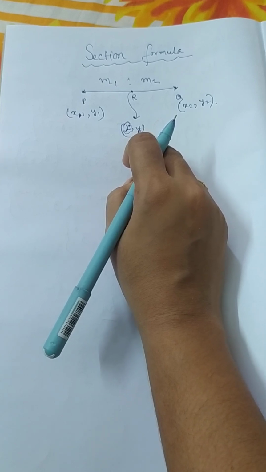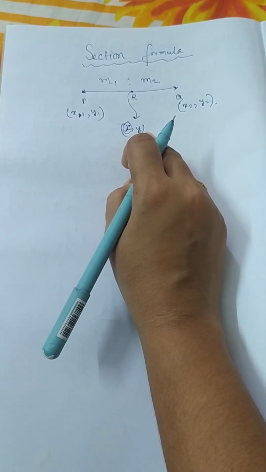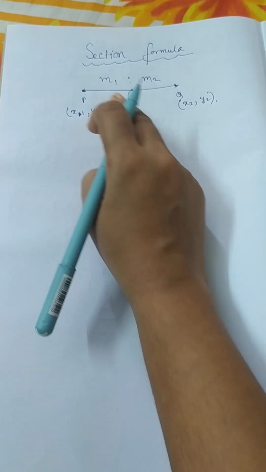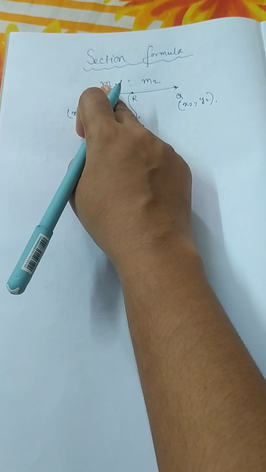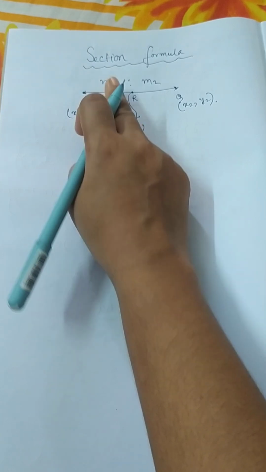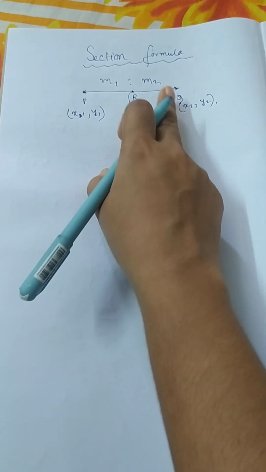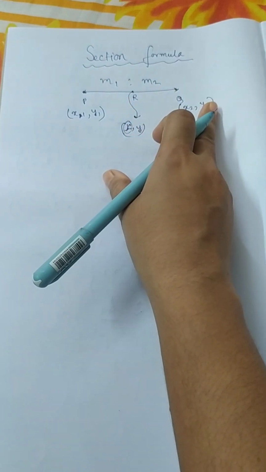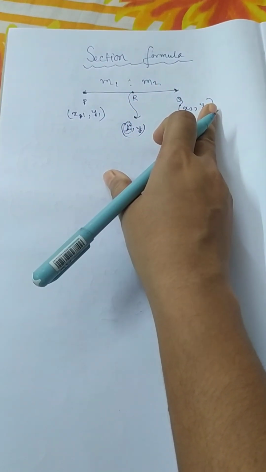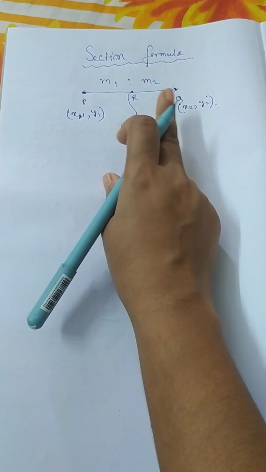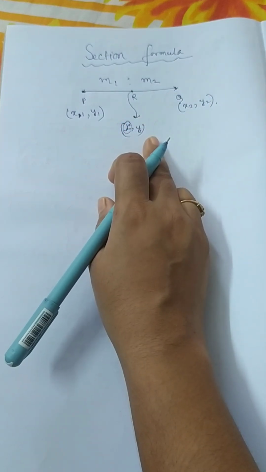So, as you can easily understand, the M1 ratio for the x coordinate is x1 minus x2, and the M2 part for the y coordinate is y2 minus y1, right?